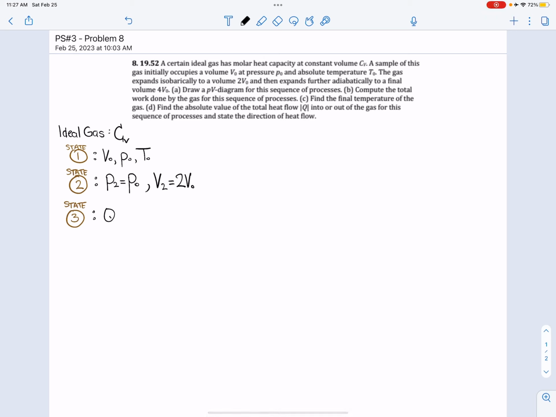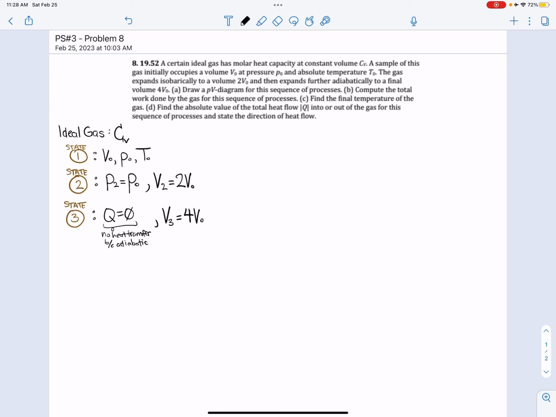So heat transfer is equal to 0, no heat transfer because it's an adiabatic process. What else is given? It's also given that the volume at state 3 is equal to 4 times V0. That's pretty much all they really give us.